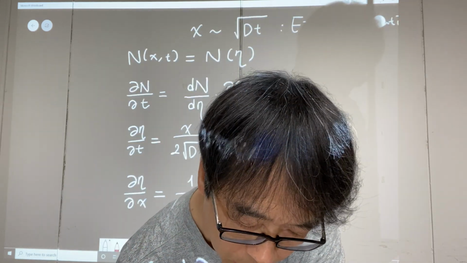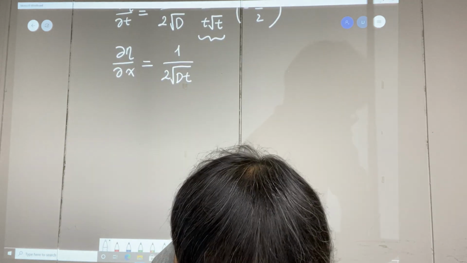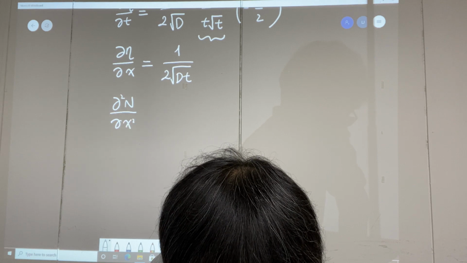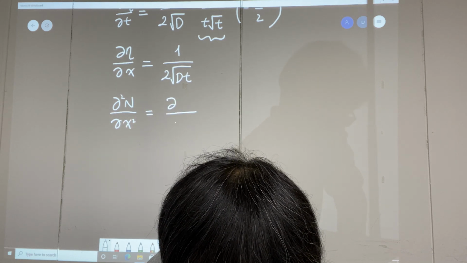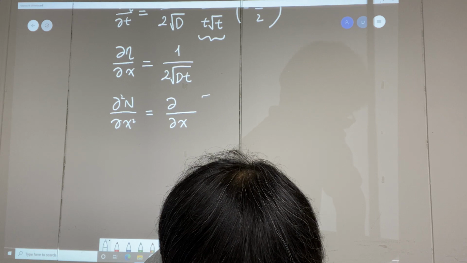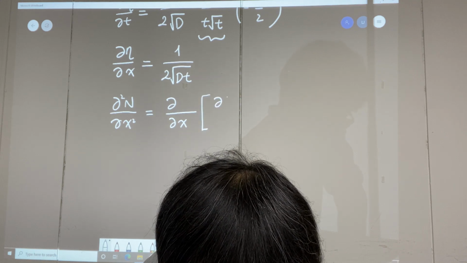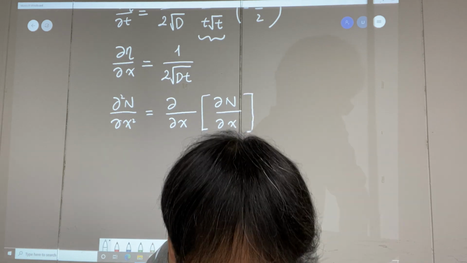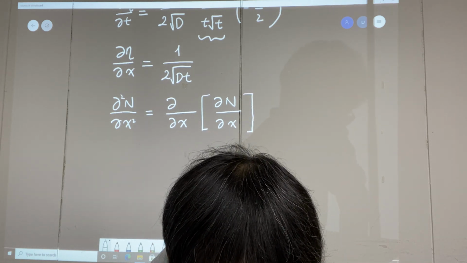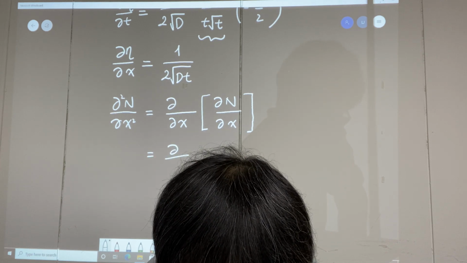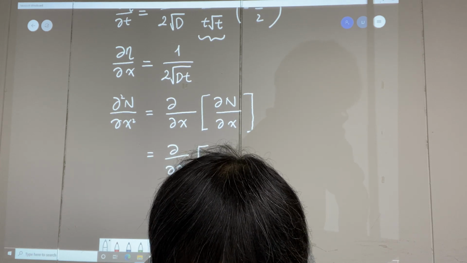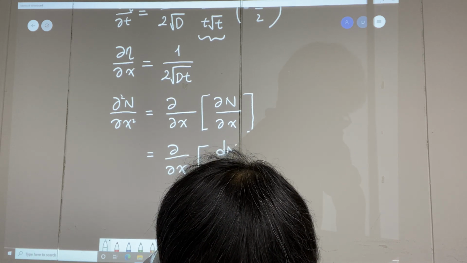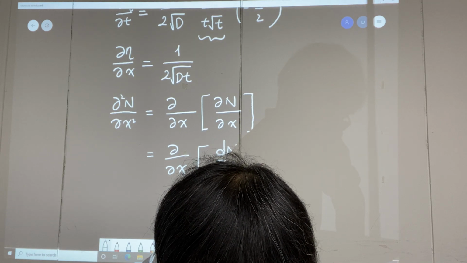So the term we want to deal with here is the partial squared n, partial x squared. That will be partial x of partial n, partial x. What is partial n partial x? It will be dn d eta times partial eta partial x.